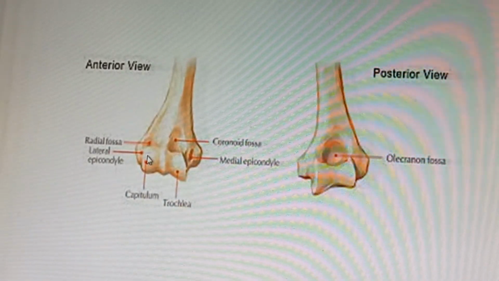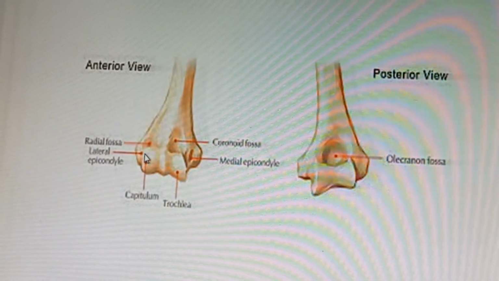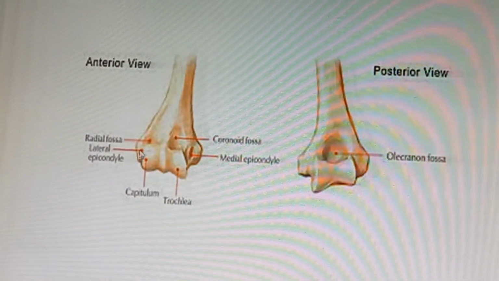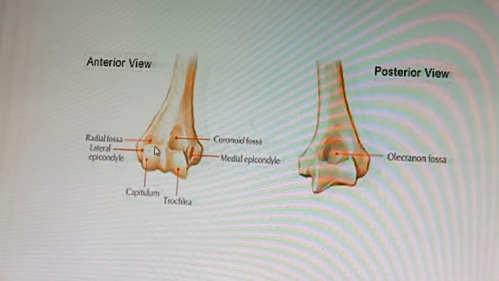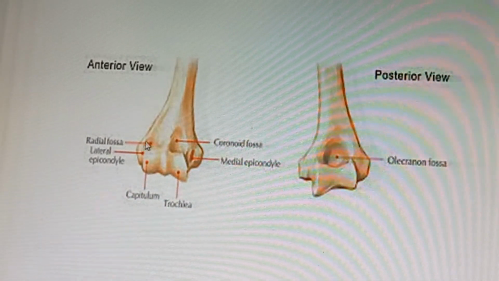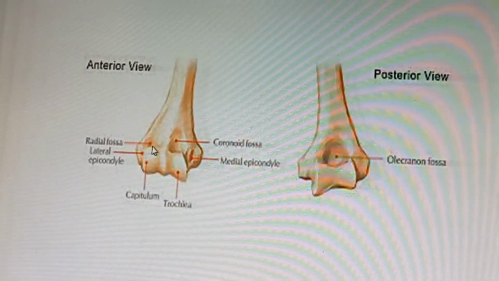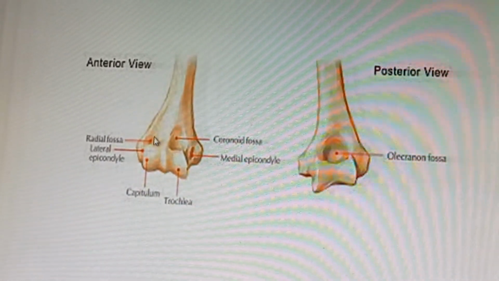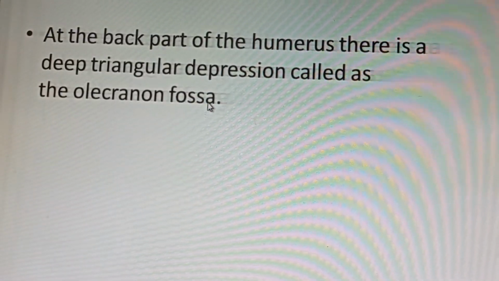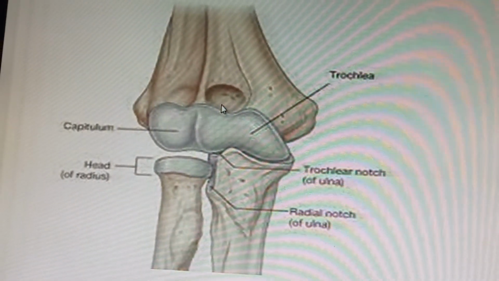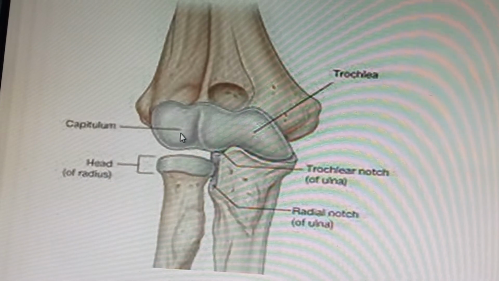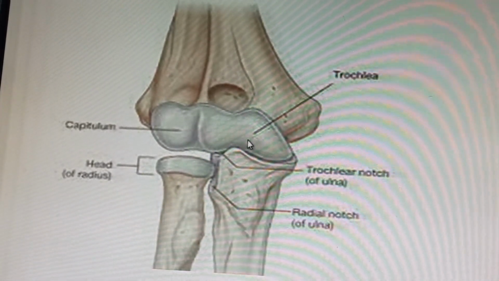Above the capitulum, there is a small depression which we call the radial fossa, where a bone marking of the radius fits. Okay, the structures are highlighted. The radius bone is attached with the capitulum, and the ulna is attached with the trochlea.